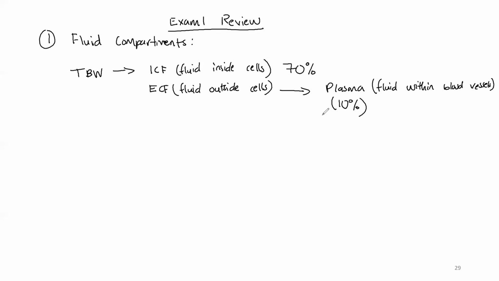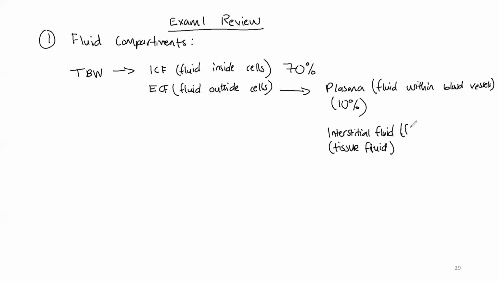And then the second subdivision of the ECF was the interstitial fluid. This is sometimes called the tissue fluid, by the way. It's a fluid that's around our tissues. And this was basically about 20%.